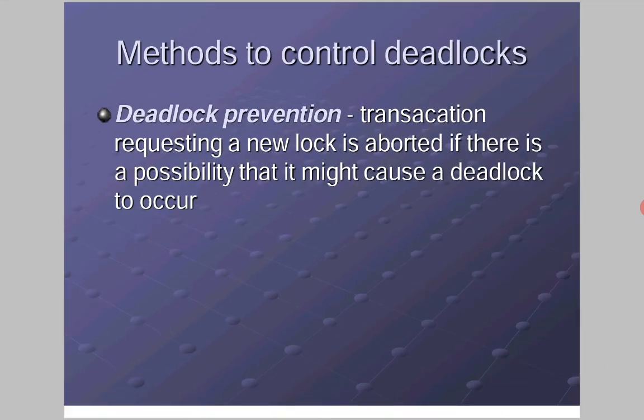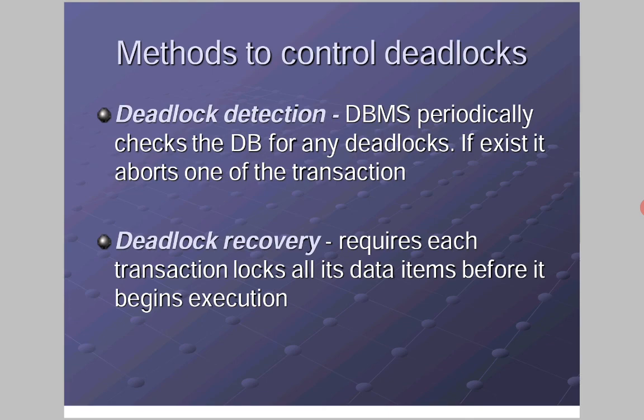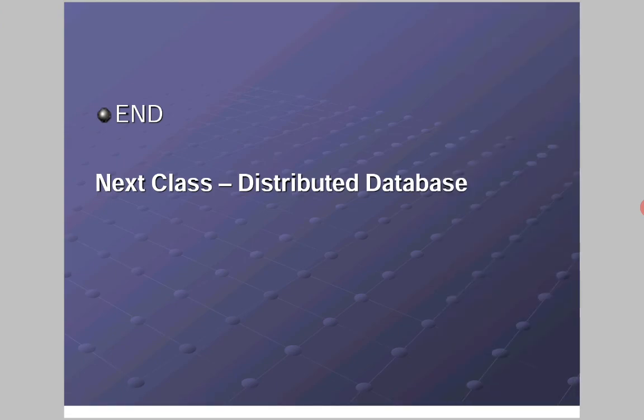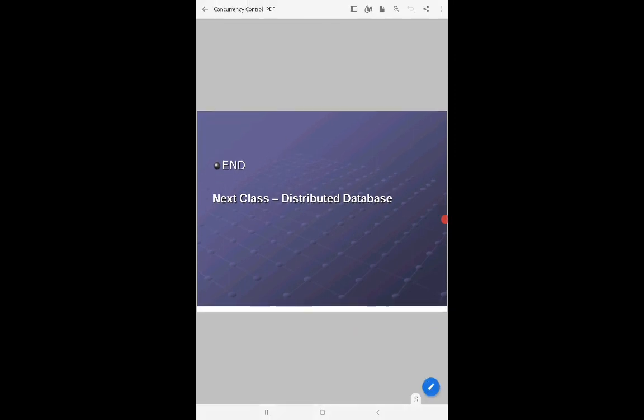What are the methods used to control deadlocks? Deadlock prevention and deadlock recovery, and timestamping. So these are the important concepts from the fourth unit. We will continue in the next class with a different slide. Thank you.